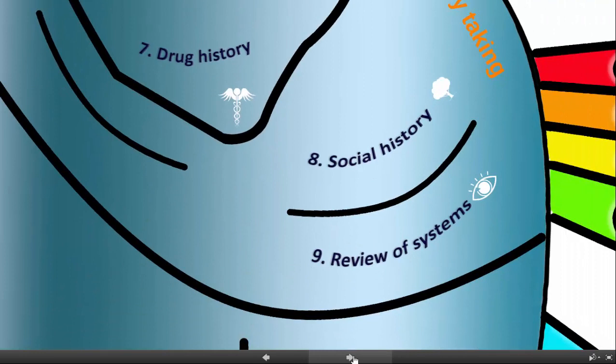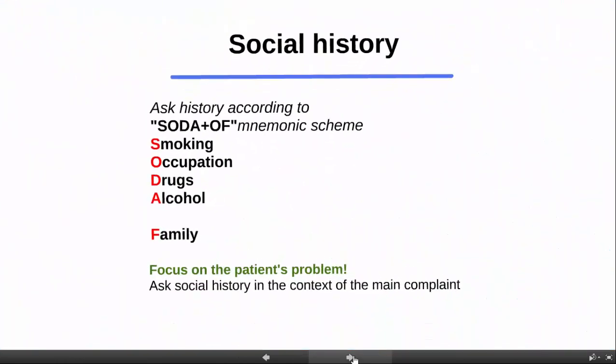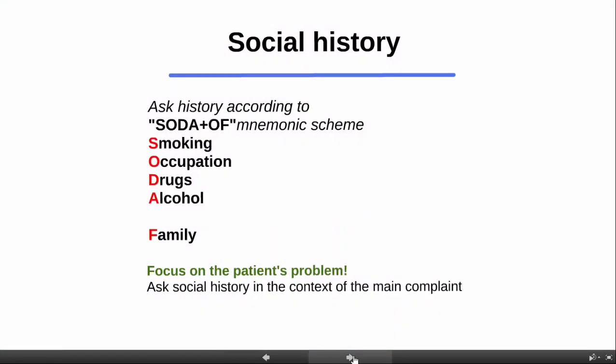The next step is the social history. It's also a very important step. We suggest you remember social history using the mnemonic scheme which is called SODA-F: smoking, occupation, drugs, alcohol, and family history.